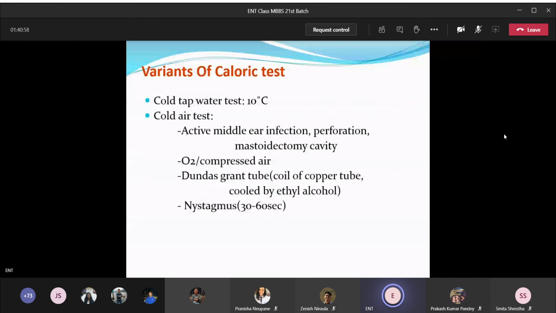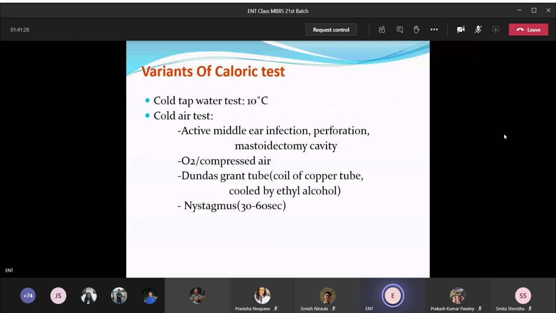There is another variant in which we use cold tap water test at 10 degrees centigrade. Cold air test is usually done in cases of active middle ear infection, perforation, or mastoidectomy cavity. Oxygen or compressed air, Dundas Grant tube, coil of copper tube cooled by ethyl alcohol. That produces nystagmus which lasts for around 30 to 60 seconds.